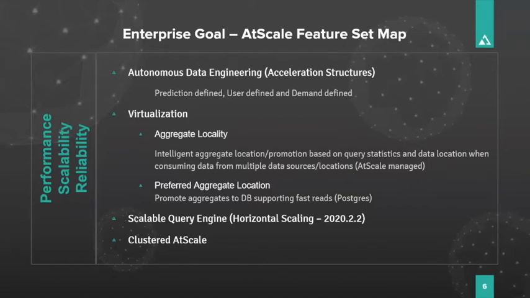So you are controlling the architecture for faster reads, and you are able to set the preferred aggregate location and say, let's store the aggregates here so we can get faster reads and hence better performance. The combination of those two features is very powerful, and that's how AtScale can help you achieve performance regardless of your data layer architecture.